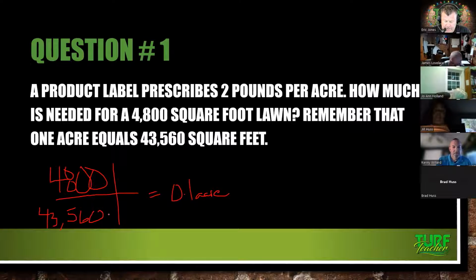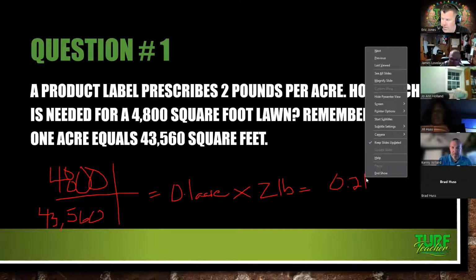And so for our product, if we have 2 pounds per acre, we're going to multiply the 0.1 times 2 pounds, which gives us 0.2 pounds.